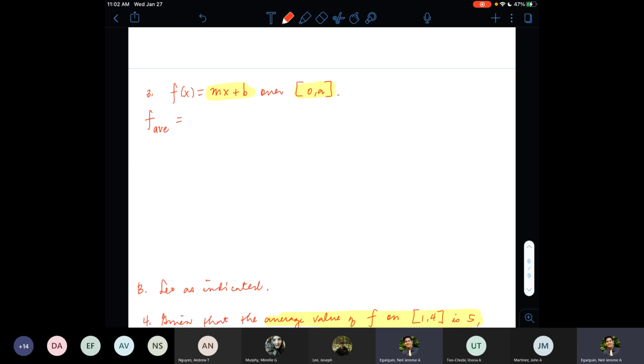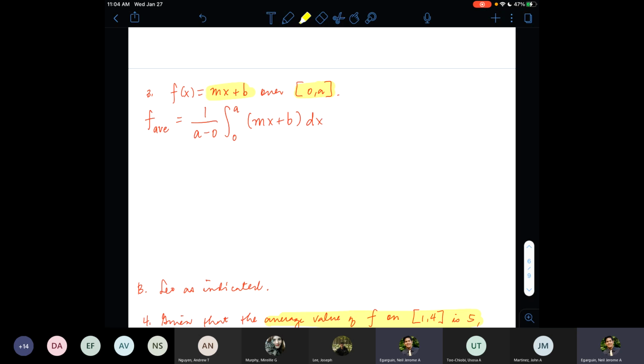And if you guys remember the formula for the average value of a function, it's 1 over the length of the interval. Here, the interval is from 0 to a, so the length would be a minus 0. It's the right endpoint minus the left endpoint. And then you integrate over the interval the given function. So the given function is mx plus b dx.